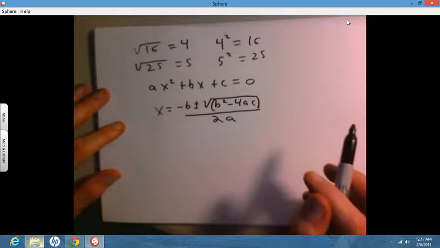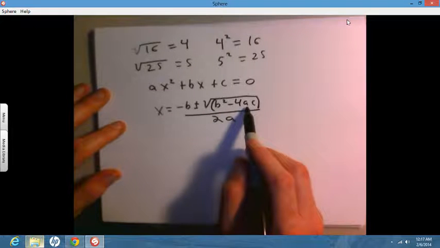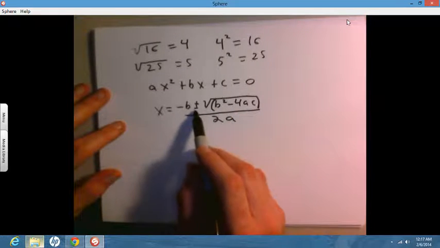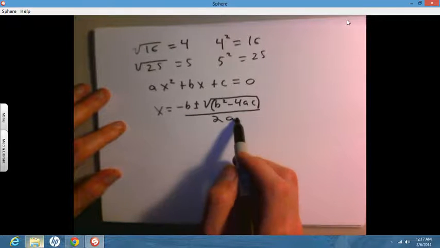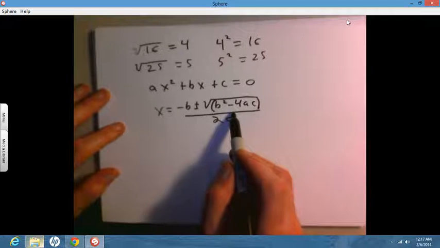If b squared minus 4ac is 0, then the square root of 0 is 0, and negative b plus or minus 0 is the same thing. So it would be negative b over 2a as the only solution. So if the discriminant is negative, we have two imaginary solutions. If it's positive, we have two real solutions. And if it's 0, we have one solution.